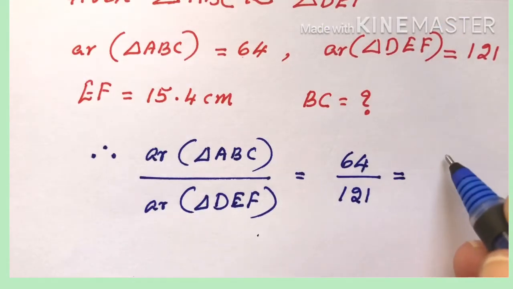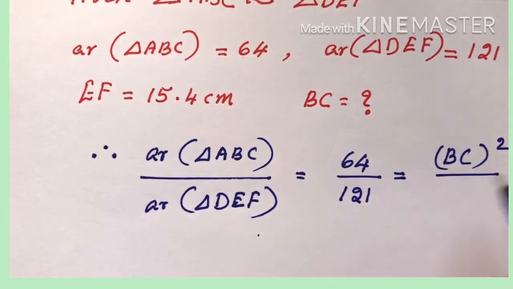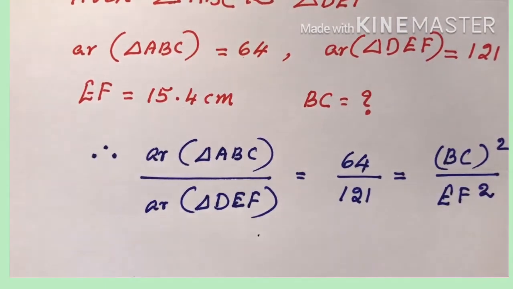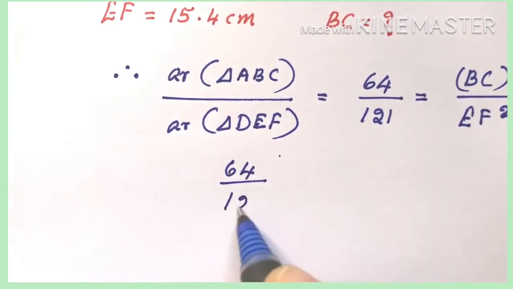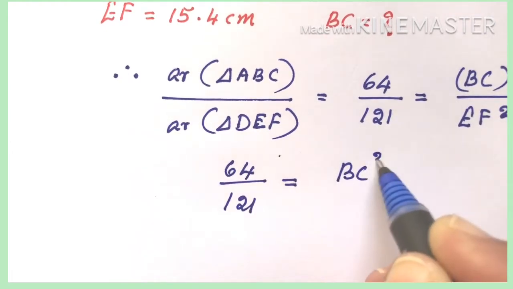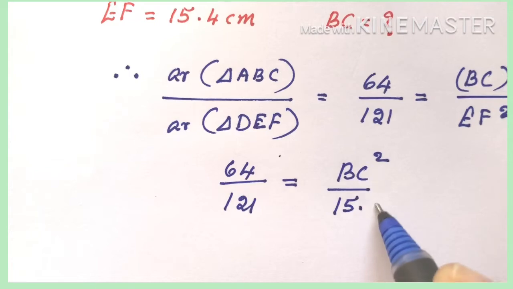So we can write BC square by EF square. BC is what we need to find, and we can write the value for EF. 64 by 121 is equal to BC square by 15.4 whole square.